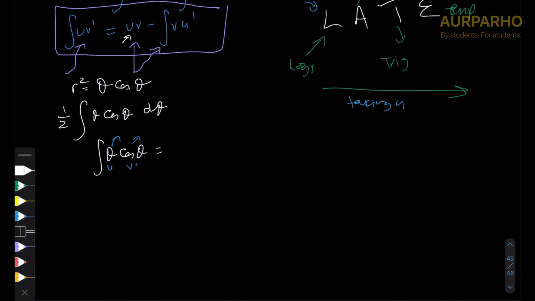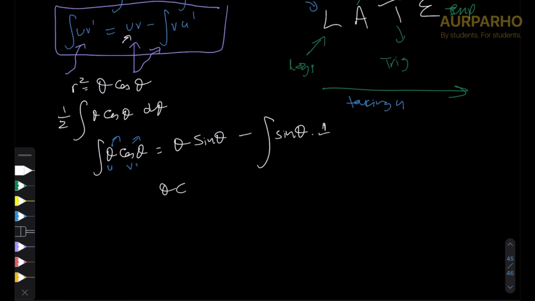So when I need uv, it would be theta times the integral of cos theta, which is sine, right? And then minus the integral of sine theta times the derivative of theta, which is just 1, right?